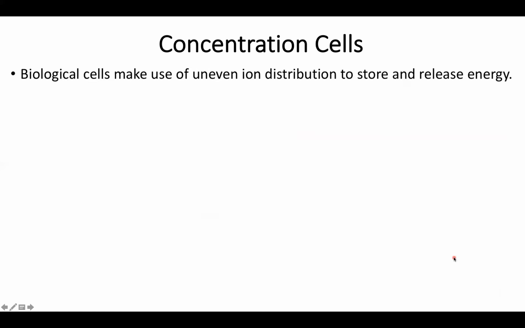And it's worth noting that this isn't just something we do as people trying to find ways to store energy. Turns out this is one of the biggest energy storage mechanisms used by biology. So a lot of biological cells use this uneven distribution of ions as an energy storage mechanism and as a way to build up electronic charges.